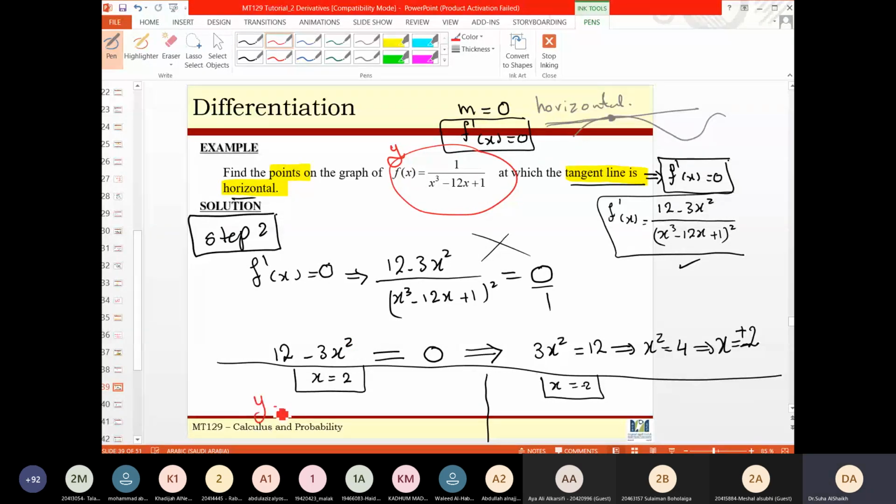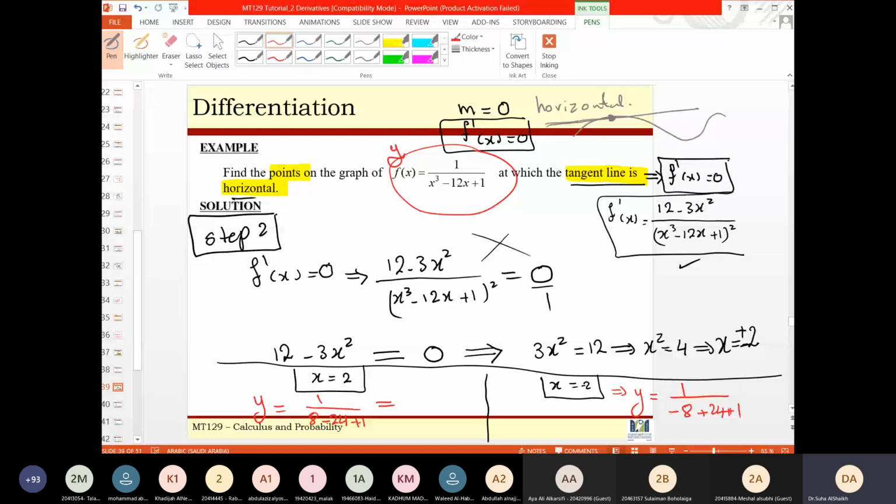The y when x is 2 is 1 over 8 minus 24 plus 1. Substitute, yeah. And when it's minus 2, the y is 1 over minus 8 plus 24 plus 1. How much is this? Can somebody tell me? This will be 9 minus 24, minus 15.